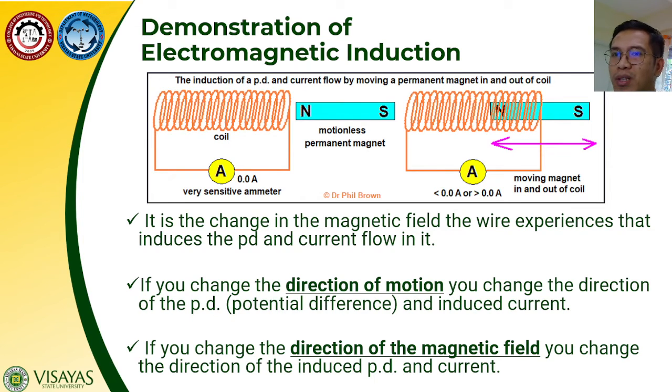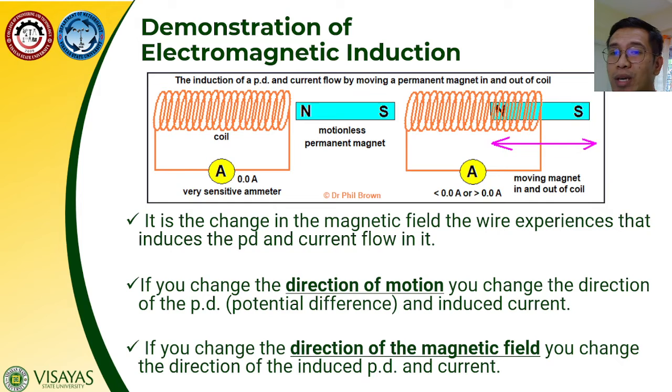So the reason for these two opposite but numerically equal ammeter readings is that the coil and the magnet are constants. Wala may nabago sa atong magnet, wala yung nabago sa number of coils. But if we change the direction of the motion, we also change the direction of the potential difference and the induced current.